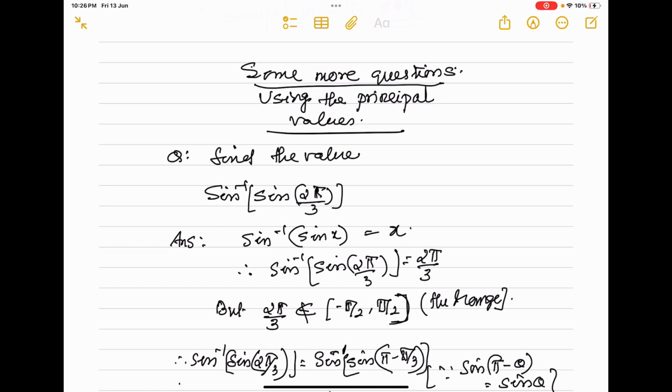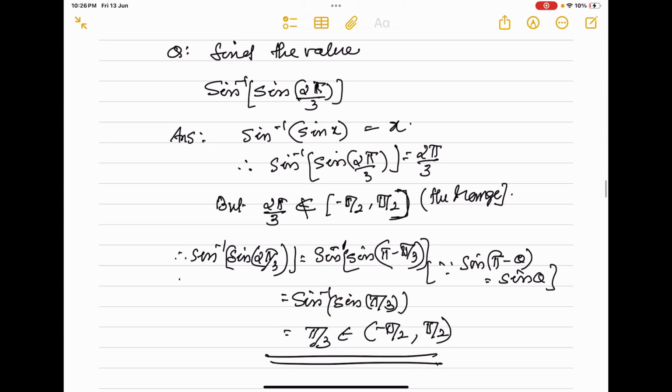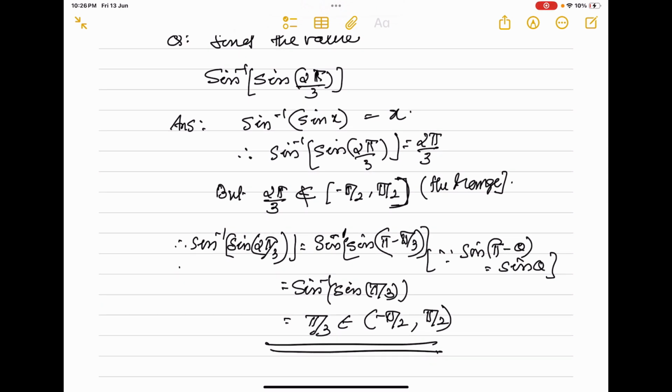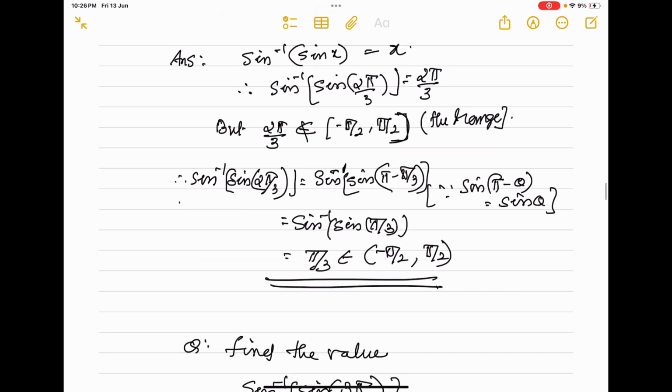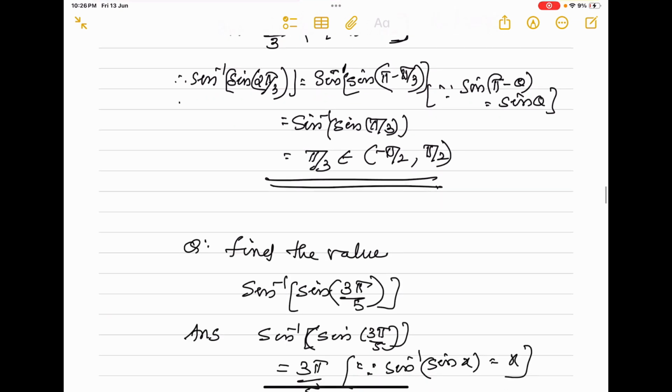Therefore, we change that to pi minus pi by 3. Since sin of pi minus theta equals sin theta, it becomes sin inverse sin pi by 3, that's equal to pi by 3, which belongs to negative pi by 2, pi by 2. Therefore, our answer is pi by 3.